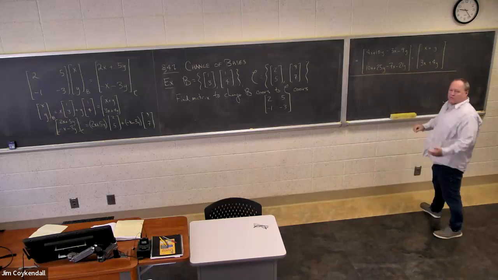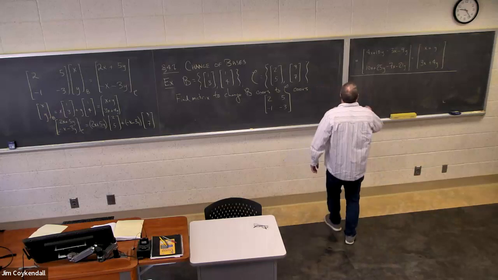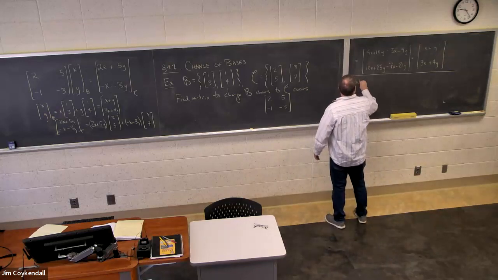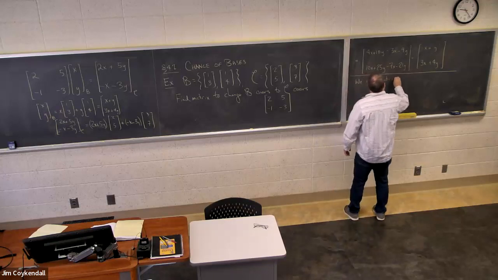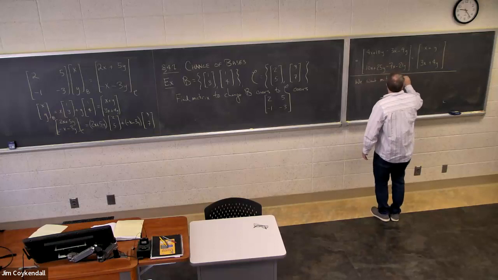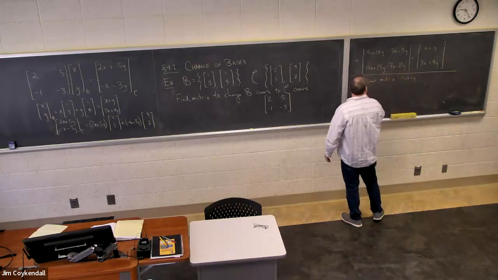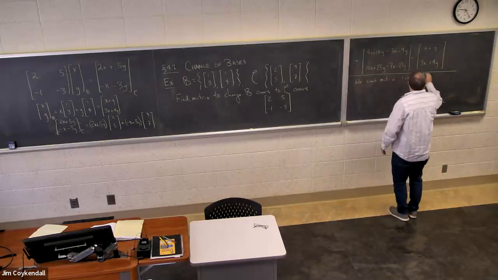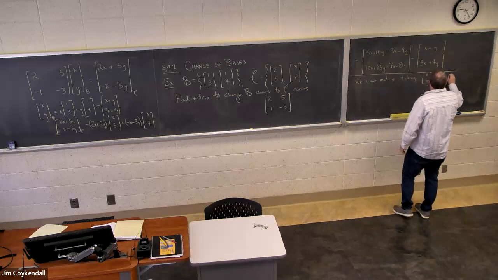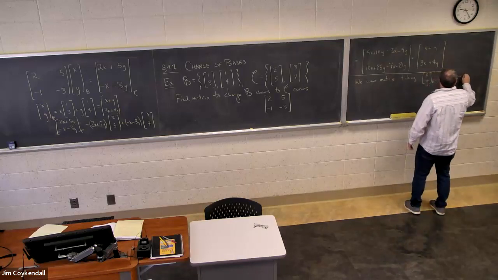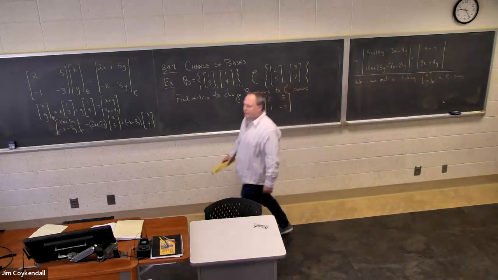Let me do this even more from scratch. So what we want is the matrix that takes X, Y in B coordinates to C coordinates, right?